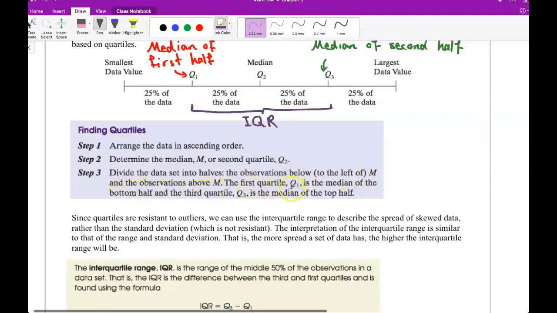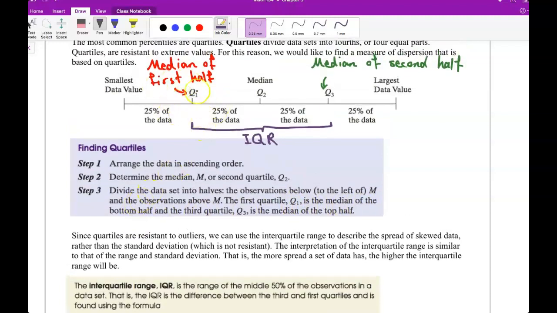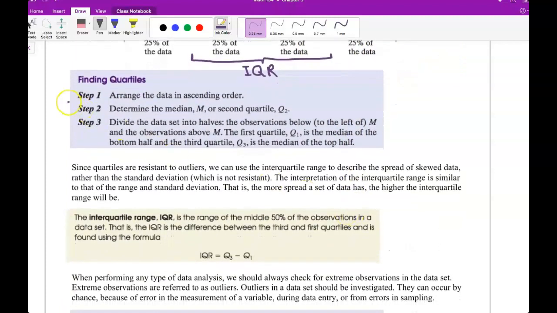The first quartile, Q1, is the median of the bottom half. I already had that part here. And the third quartile, Q3, is the median of the top half. We have these steps to find quartiles.